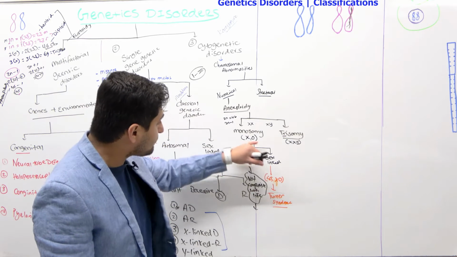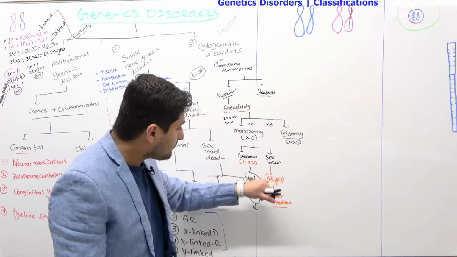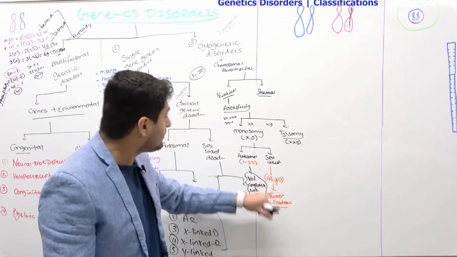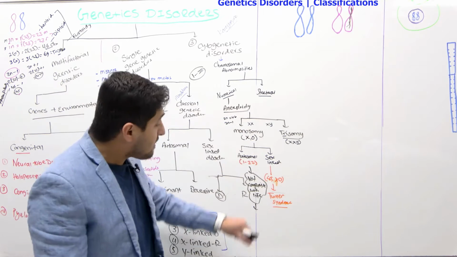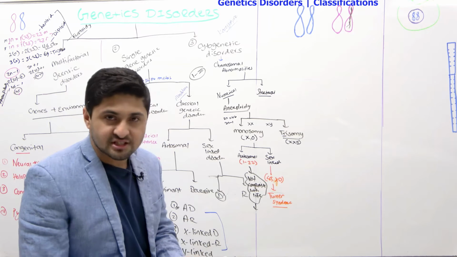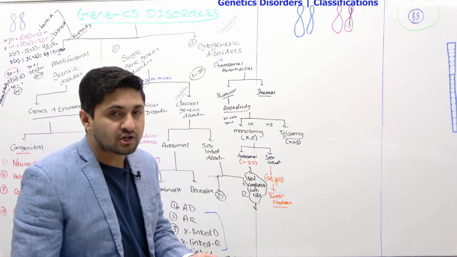When it comes to sex-linked, which falls in monosomy, you have to remember the 45 X, which has to do with the numerical chromosomal abnormalities. Majority of the cases, but there are exceptions. And then your Step 1 loves to ask you these questions.